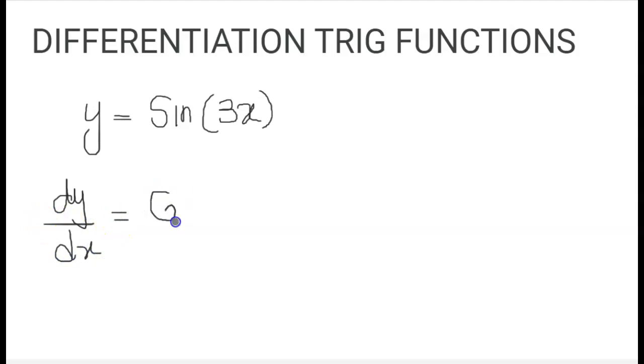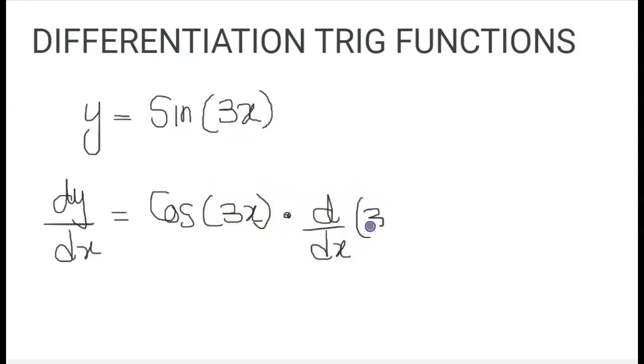Differential of sine is a cos, no, not cos x. It's going to be cos 3x, cos of a box. So whatever it is, you just copy that one. Dot d over dx of 3x. So when you solve that one, that will become cos 3x, and differential of 3x is just a 3. So rather than writing 3 here, because it doesn't look nice, I can write the 3 at the front.